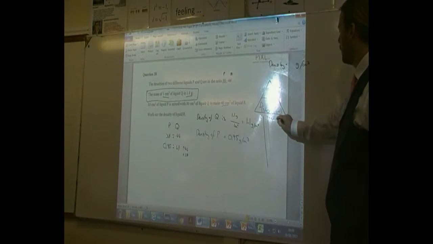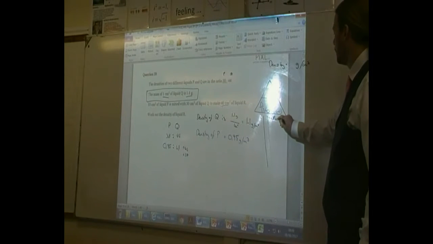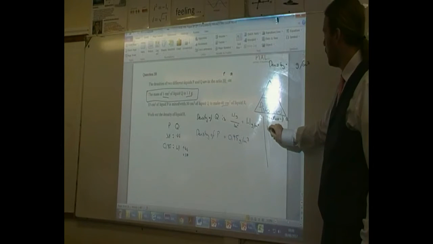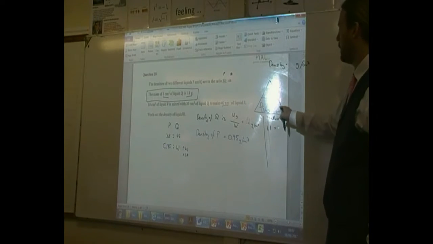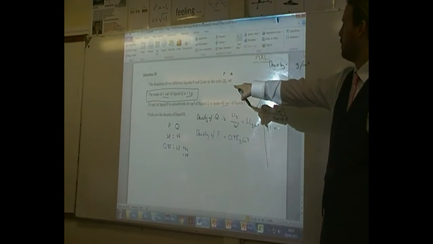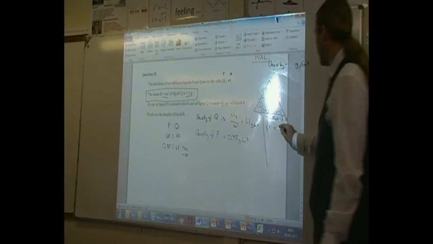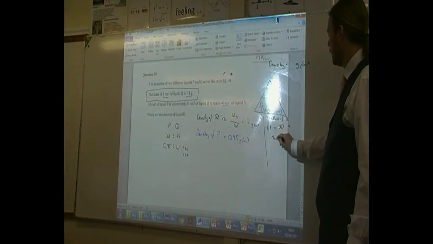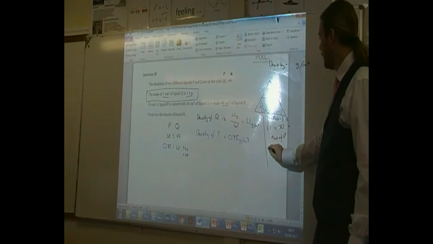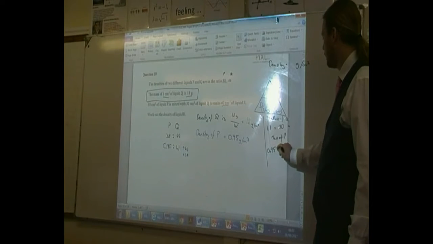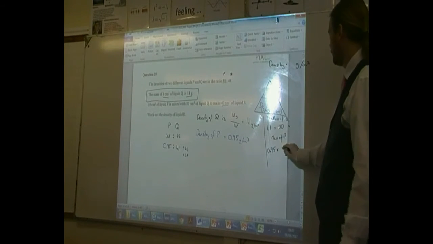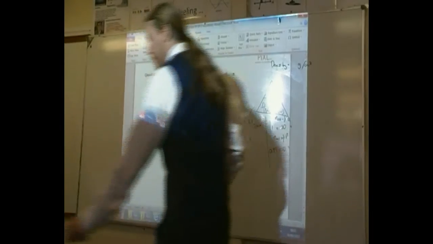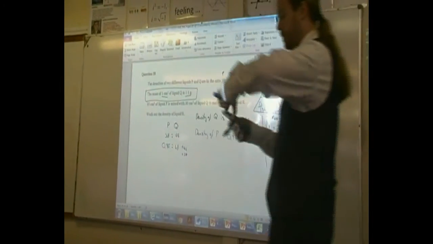Just to split that up, we're now doing the mass of Q, which is going to be 1.1 multiplied by the volume we're using, which is 30, so 1.1 times 30, and the mass of P, which is going to be 0.95 times by 10.